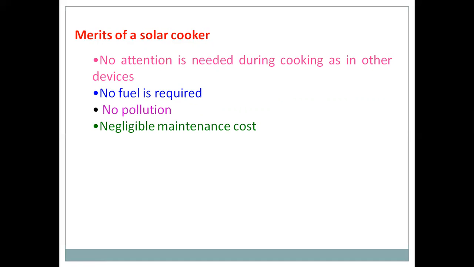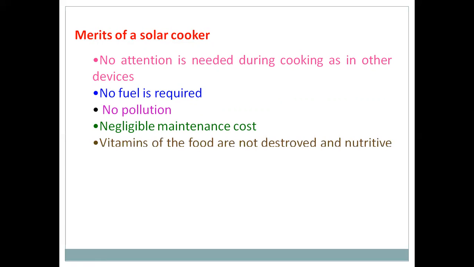Of course, with conventional stoves, there may be maintenance cost, and the need to purchase gas, electricity or kerosene. But here the maintenance cost is almost zero. By cooking food in this solar cooker, vitamins are not destroyed, and it is very nutritious and delicious food with a natural taste.